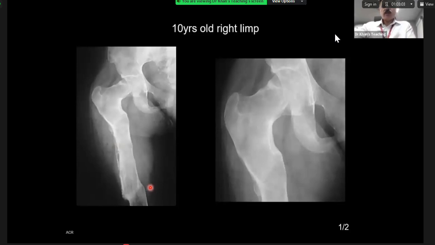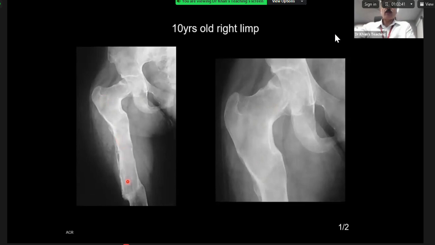Now, this is a film. In FRCR world, we call it a story film. It is telling you a story. What is the story? The story is, first of all, you have picked up the finding of loss of medullary cavity and ground glass appearance. This is known as a shepherd's crook appearance.